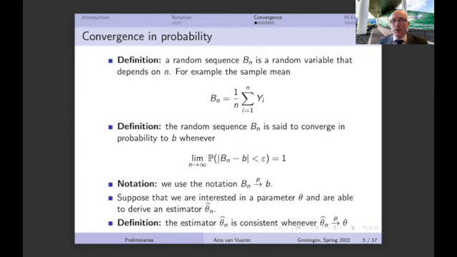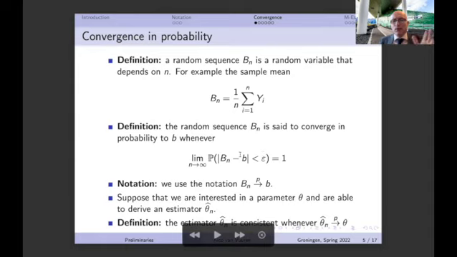We know what that means: the difference between bn and b in absolute value becomes smaller and smaller as n goes to infinity, in the sense that it would always be possible to take any value of epsilon larger than 0.